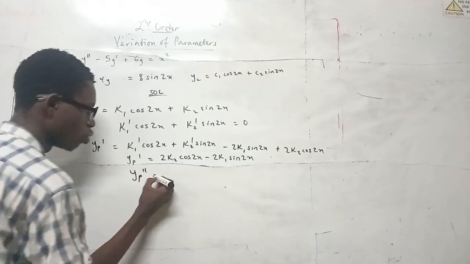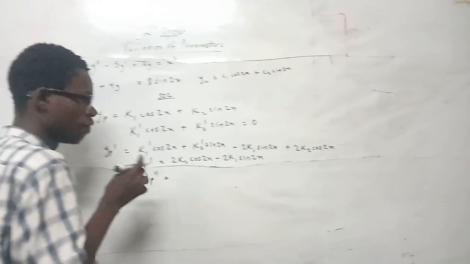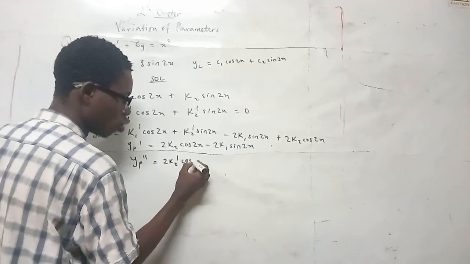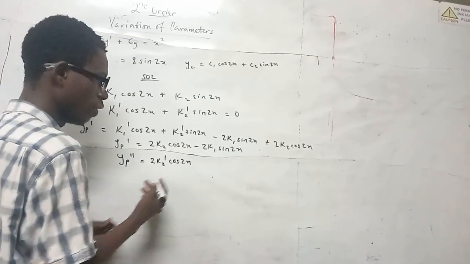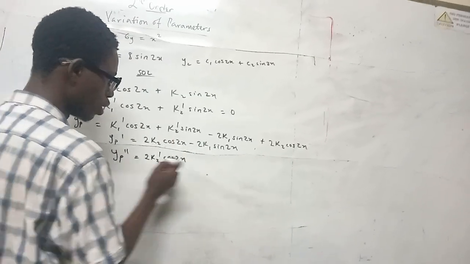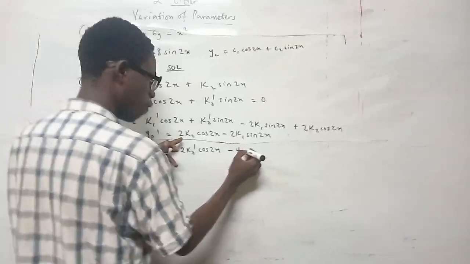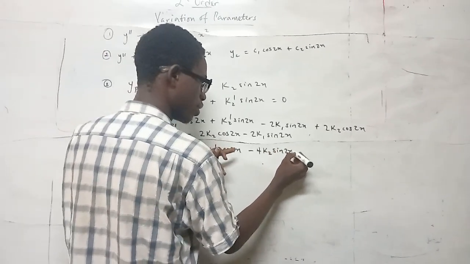Yp double prime equals, differentiating 2k2 cos 2x. Don't forget, k is a function of x, so we are going to differentiate it first: 2k2 prime cos 2x. I can differentiate this one without going further now. Differentiating cos 2x, minus 2 is going to come out, which means this becomes 4k2 sine 2x.